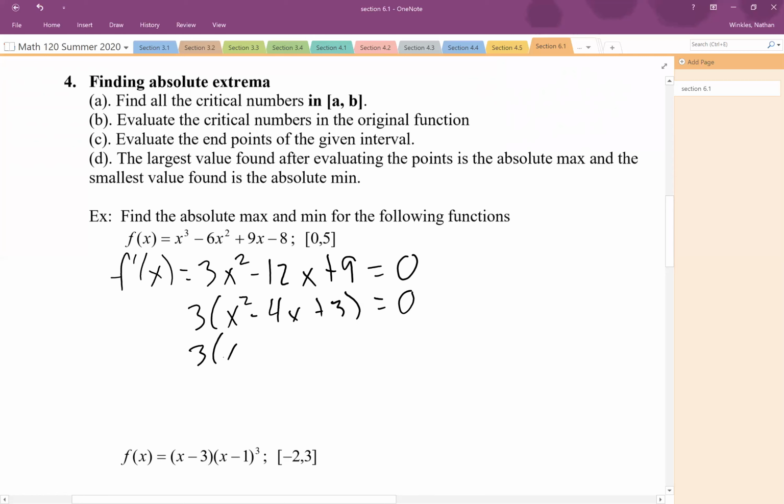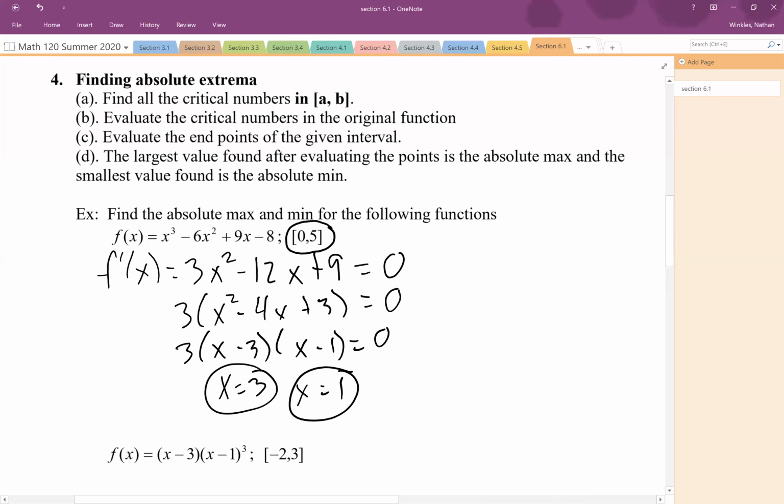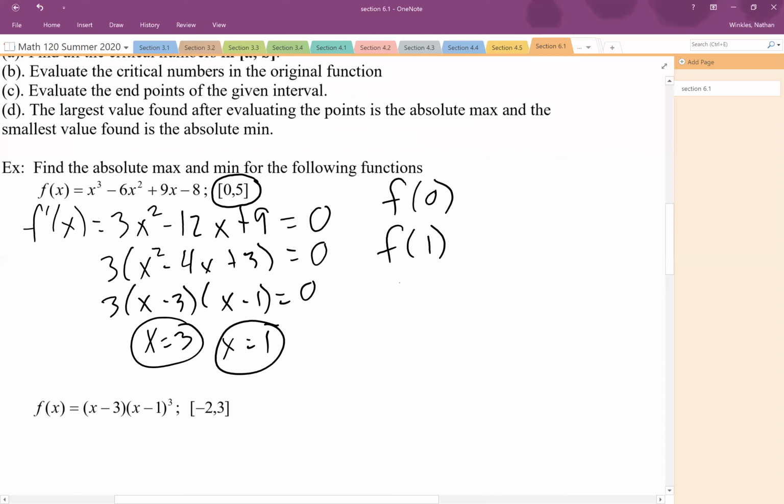You get 3 times x minus 3, x minus 1 equals 0. So we get x equals 3 and x equals 1. So now we come back up here and we look at this interval they gave us, 0 to 5. Well, both of our answers are inside of there. So we need to find the following: f of 0, f of 1, f of 3, and f of 5.